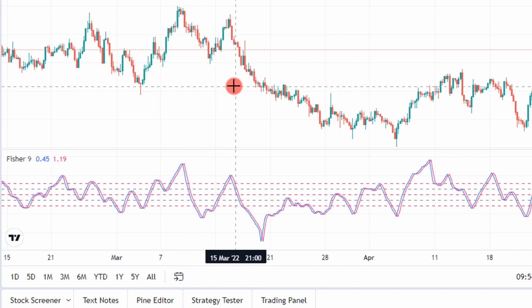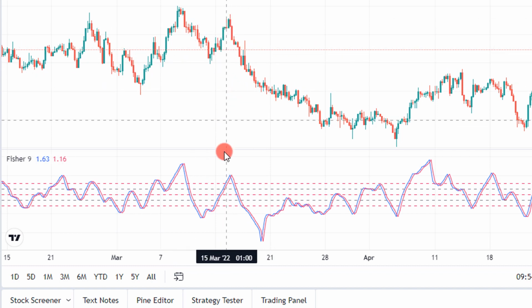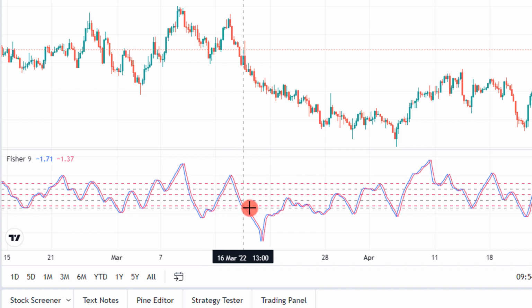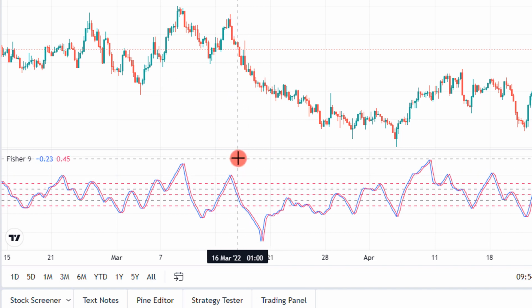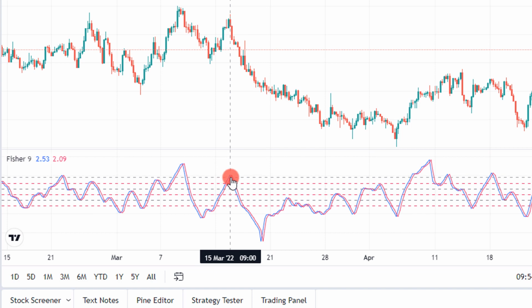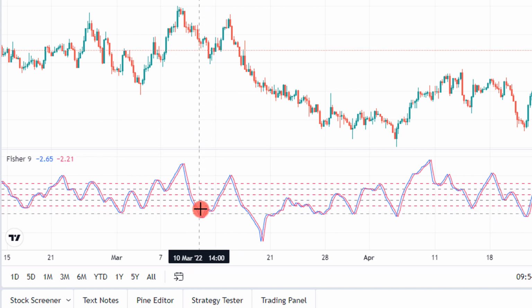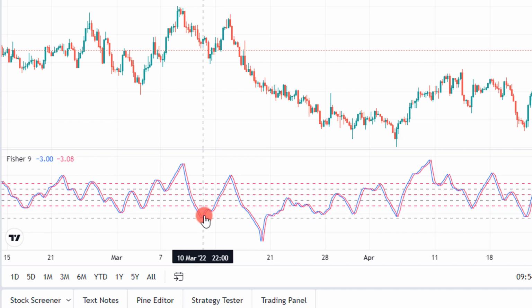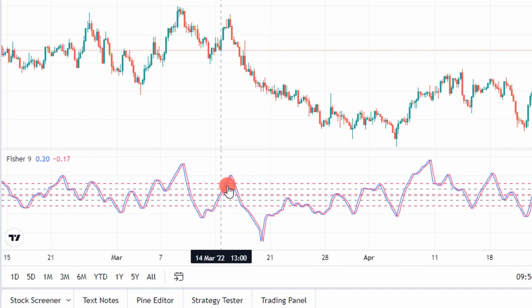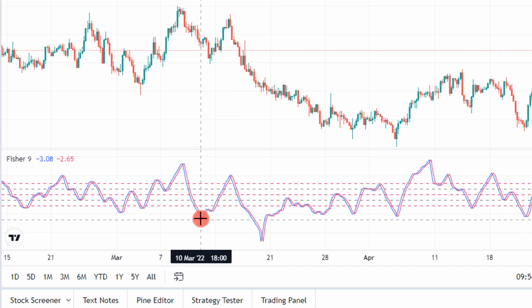Again, you will wait when these two lines cross the last horizontal line as they go down, and whenever you see the Fisher line, that means the blue line, crossing the other red line and going upward, then it's time to take a buy entry. I say again, and you can see on the screen, that when the Fisher line comes down, crosses the trigger line and goes up, you will take a buy entry.